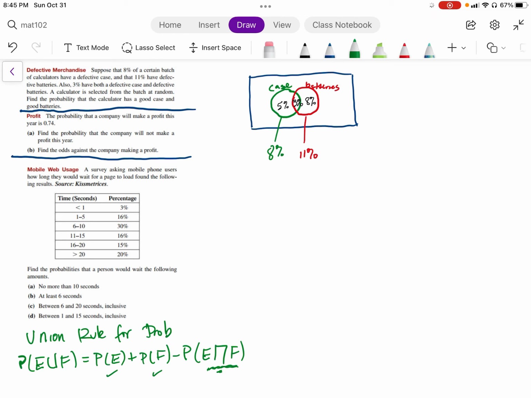So without any formulas, you could kind of see what's going on there. You could see how much belongs to each.